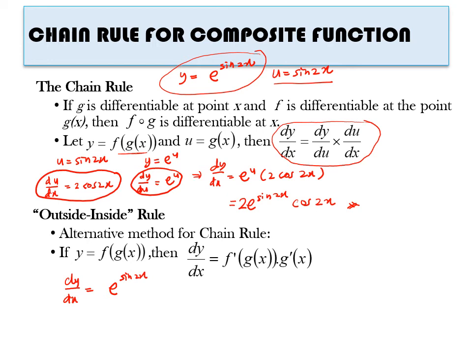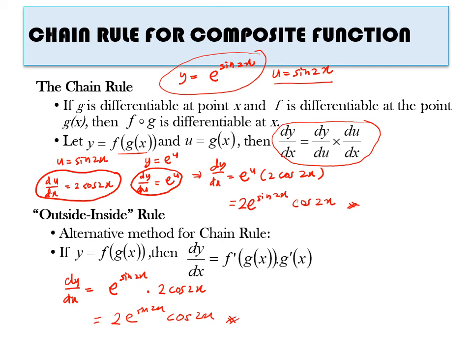Then you multiply by the derivative of the inside function, sine 2x, which gives 2 cos 2x. If you want to write it beautifully, it will be 2 cos 2x e power sine 2x. Yes, exactly the same. It's just an alternative method. But if you are asked to use the chain rule, you need to use the earlier one.